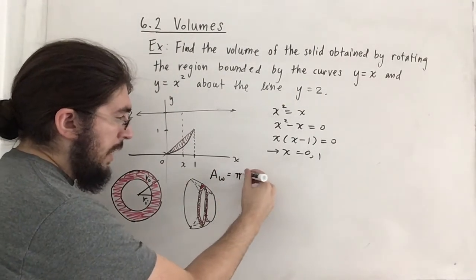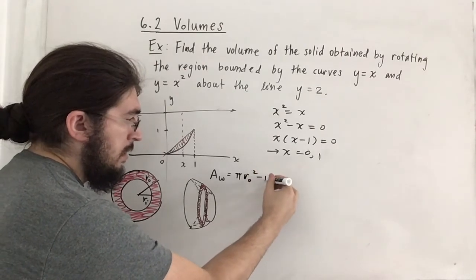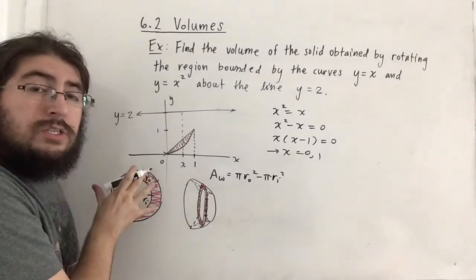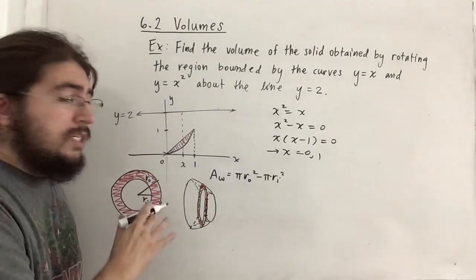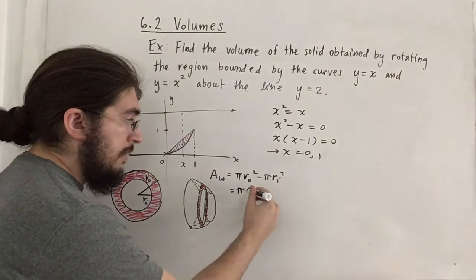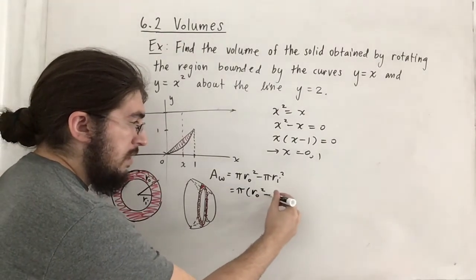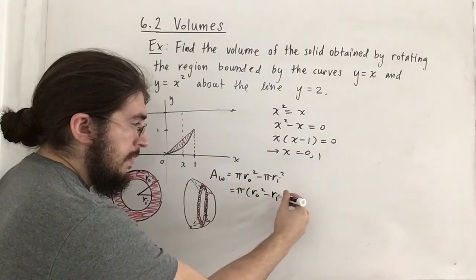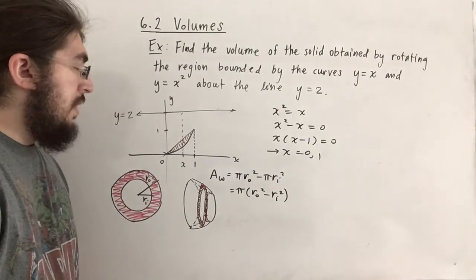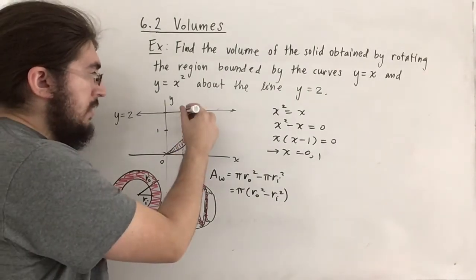It's going to be pi R_O squared minus pi R_I squared. Again, just the outer circle minus the inner circle, and that's this red shaded region. If you factor pi out, you get the difference of squares of the radii.